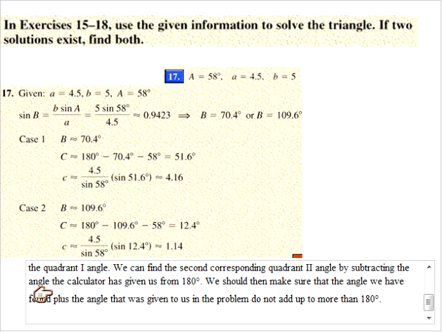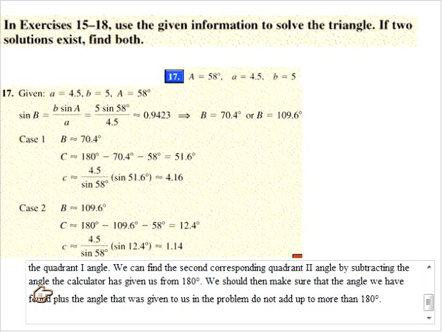Your calculator does not do that for you, so you have to be physically aware of that second option. You can find that second option by subtracting the angle that the calculator gives you from 180. So you're actually finding that reference angle. Remember when we talked about reference angle in semester 1? This is what we're using it for, to find that second possibility now.